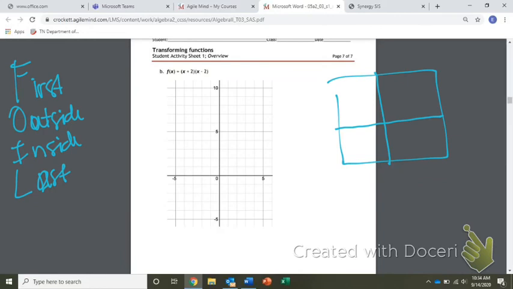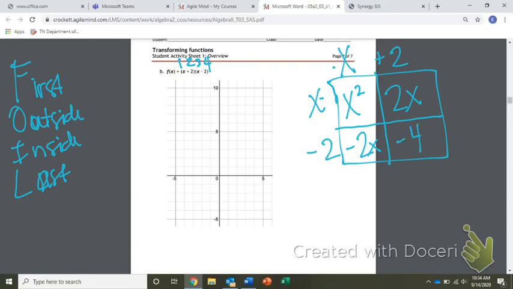So we have 1, 2, 3, 4 terms essentially, hence why we have 4 boxes. So up top, I'm going to have x plus 2 and x minus 2. So everything on the outside we multiply. So x times x is x squared. X times 2 is 2x. Negative 2 times x is negative 2x. And negative 2 times a positive 2 is negative 4.